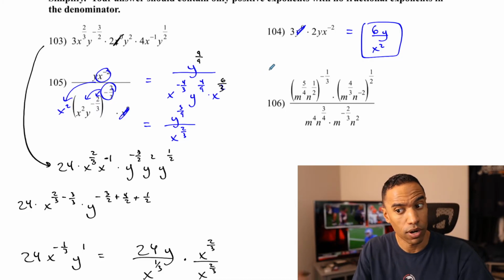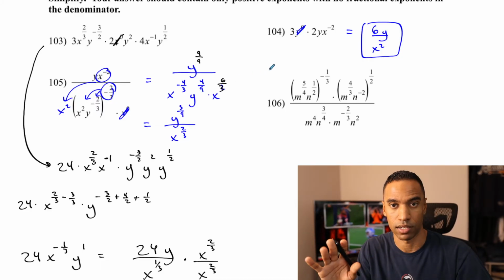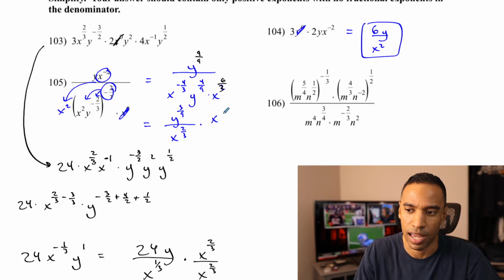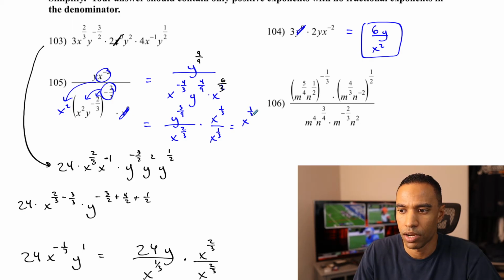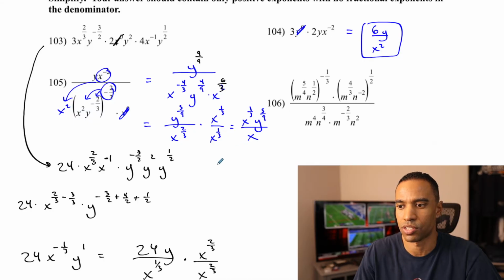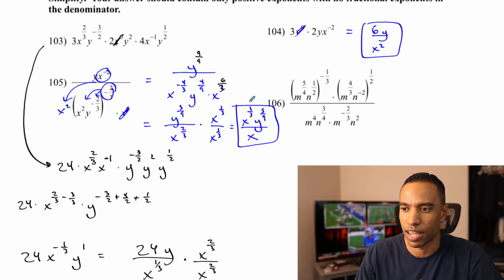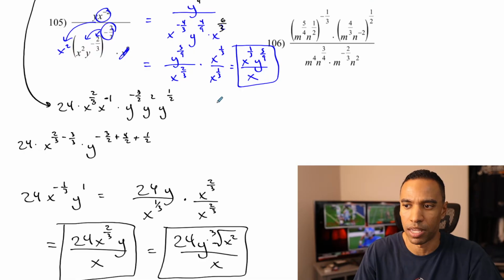Now, y to the 5/9 in the numerator is appropriate. 2/3 in the denominator is not. So we got to multiply that by x to the 1/3 over x to the 1/3. And that'll become x to the 1/3 times y to the 5/9 all over x. Now that's one version of an answer. My version I prefer will be in radical form.